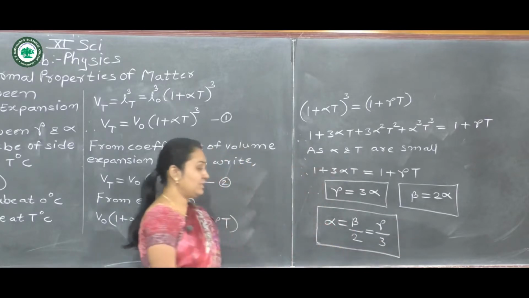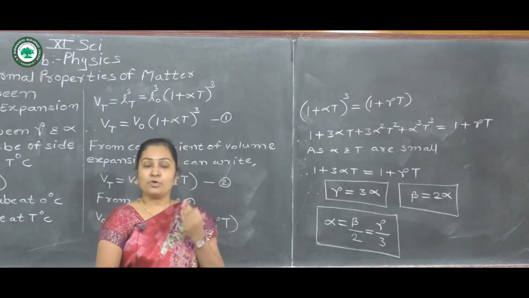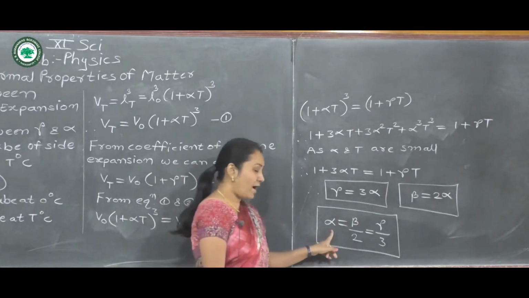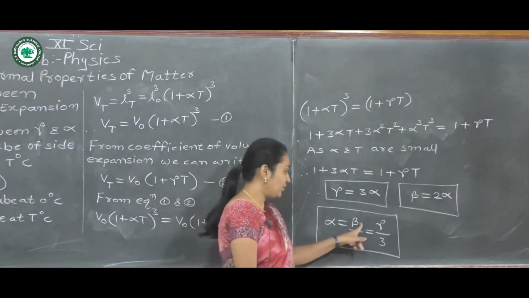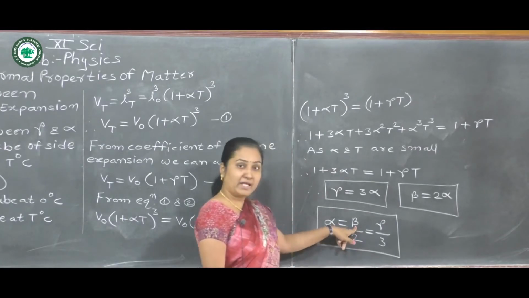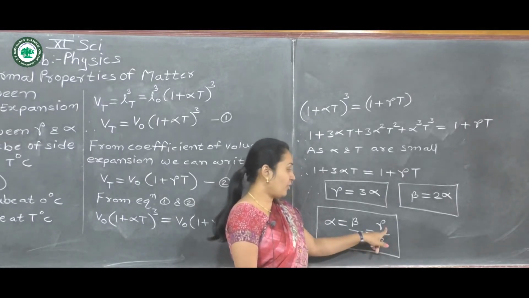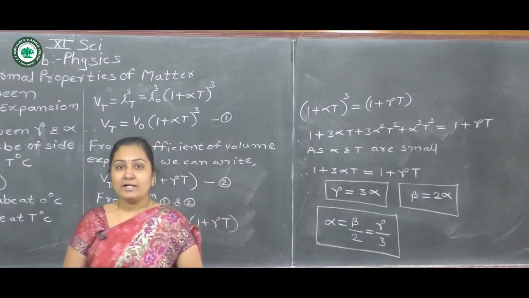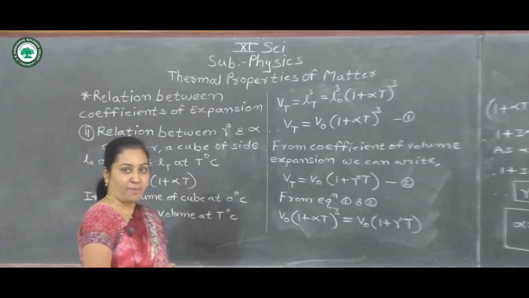So this equation gives the relation between the three coefficients of thermal expansion. Alpha, the coefficient of linear expansion, is equal to beta upon 2, the coefficient of areal expansion, is equal to gamma upon 3, the coefficient of volume expansion. So here we have found the relation between the coefficients of expansion.